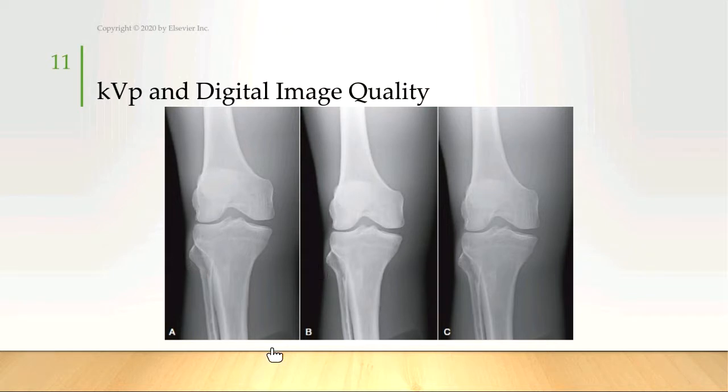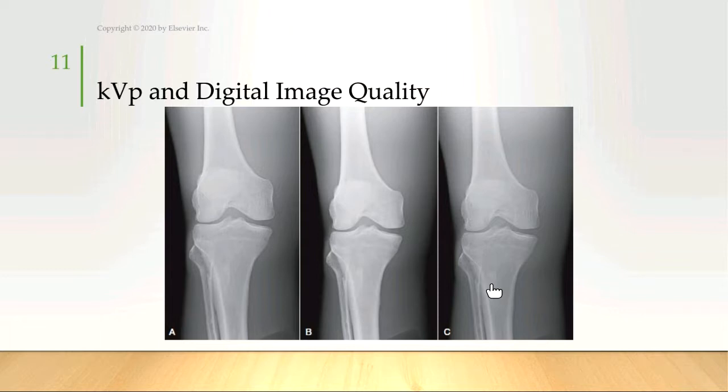Just like they did with our mAs changes, the computer can make the adjustment so that the exposure appears appropriate even if it was not appropriate. So 70 kVp, 50 kVp, 93 kVp. Huge change.